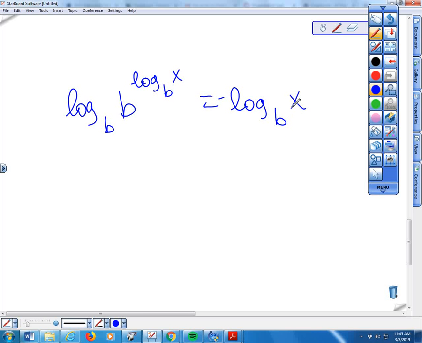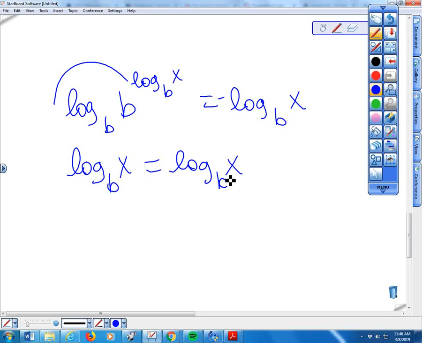This comes to the front, so I have log base b of x times 1, right, equals log base b of x. So I just proved that b raised to log base b of x is always x. So if I had 3 raised to the log base 3 of 2, it's just equal to 2.